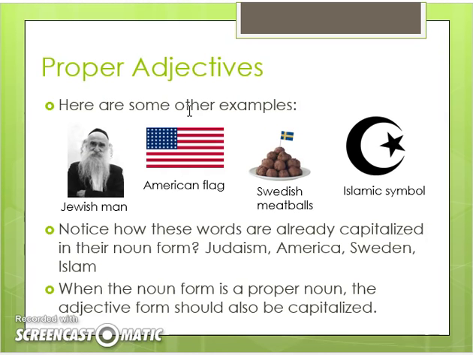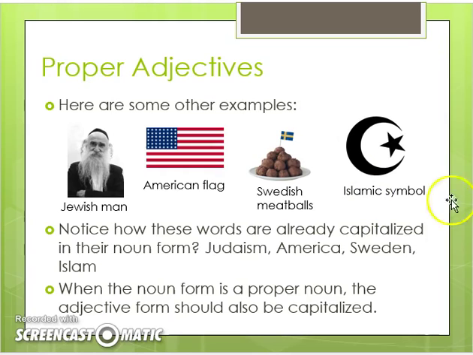Some other examples that are maybe not in your book of proper adjectives are looking at people or things, symbols that have a nationality to describe them.